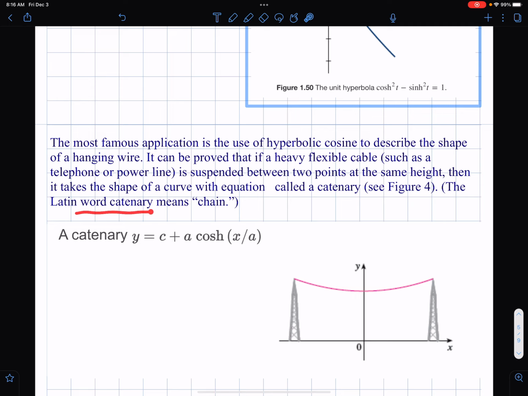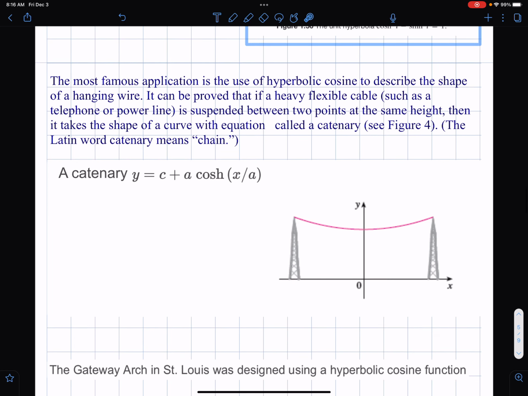The Latin word catenary means chain. All right, so that's a catenary right there. It's y equals c, which is a constant, plus a, another constant, times hyperbolic cosine of x divided by a. So that's one application.